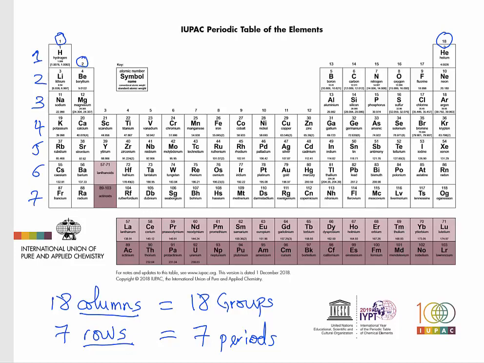I've been asked several times why these 2 are also not counted as different rows. And the answer is very simple. Take a look at the atomic numbers. Look at 57 to 71. All the elements there should actually be in this small box.